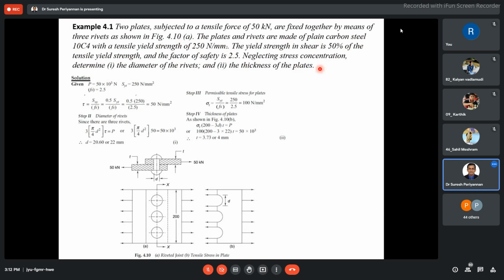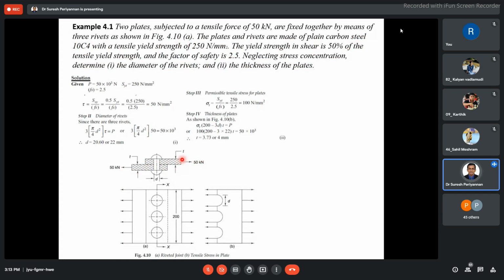The rivet fails because of the shear stress between the two plates, so shear stress is very important for defining the diameter of the rivet. But the plates are subjected to tensile load, hence the dimension of the plate can be defined with respect to tensile stress.